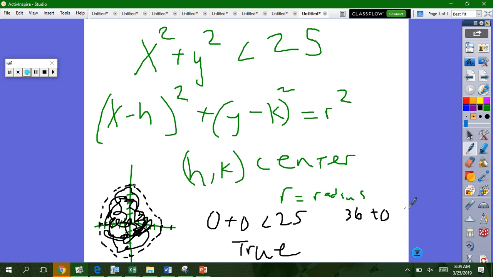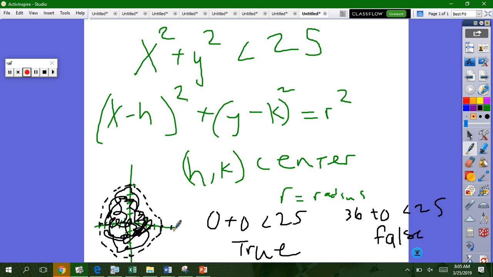Is that less than 25? That is a false statement, right? Because it was false, what do you guys think I would do? I would shade the opposite region. If I was on the outside, I shade the inside. If I was in the inside, I'd shade the outside. Does that make sense to everybody what I mean by that?